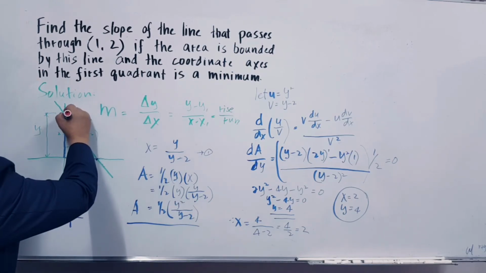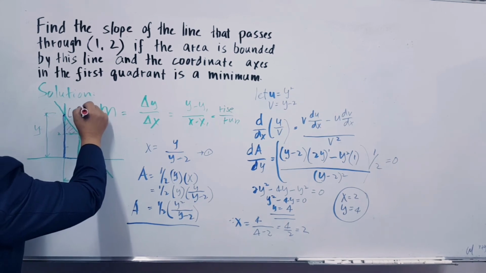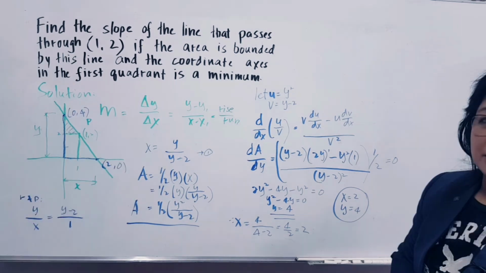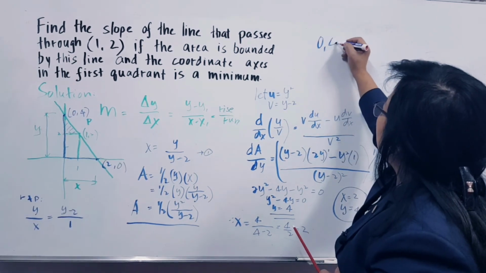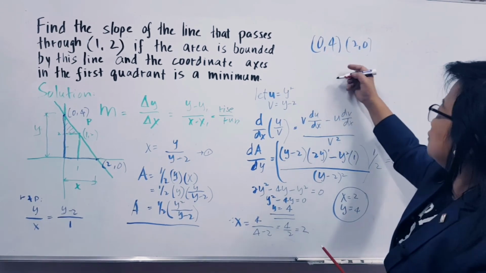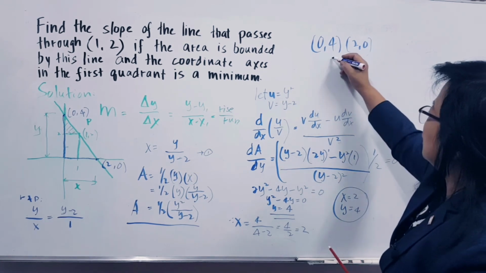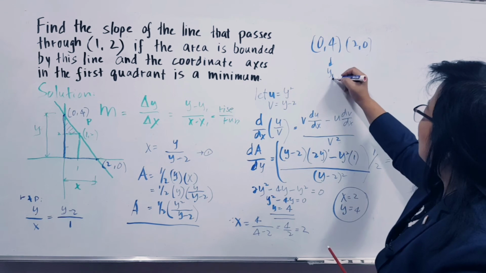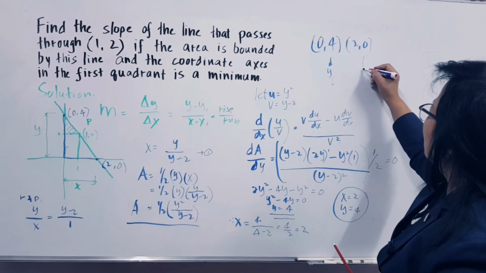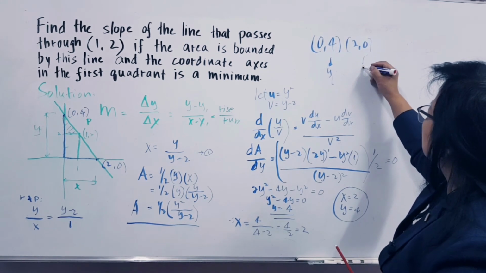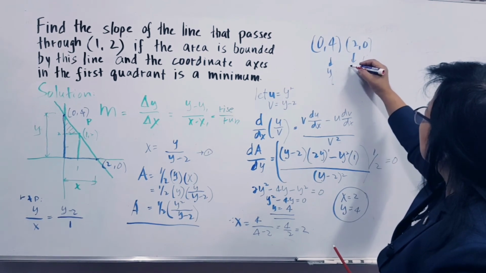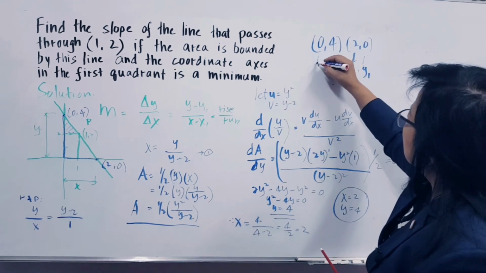Therefore, this point here is 0 and 4, and this point will be 2 and 0. So from these points, 0 and 4 and 2 and 0, we have this as y, and this is y1. And this is x1, and this is x.